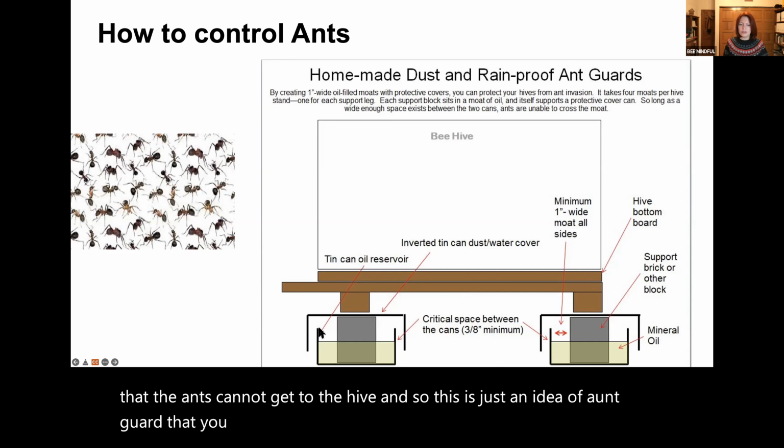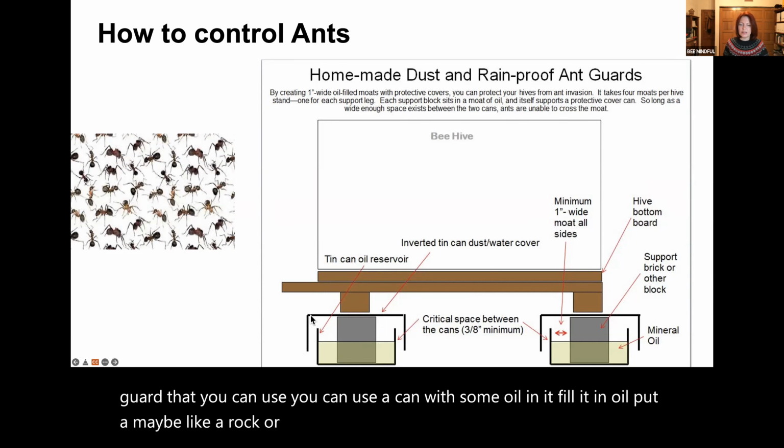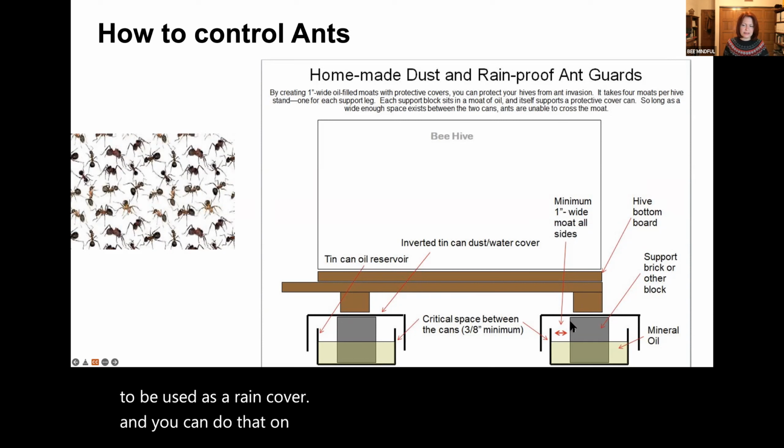You can use a can with some oil in it, fill it in oil, put maybe like a rock or a brick, and another can that's bigger upside down to be used as a rain cover. And you can do that on all the legs, the same system, and then place your hive on top.